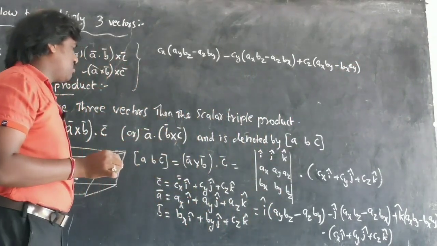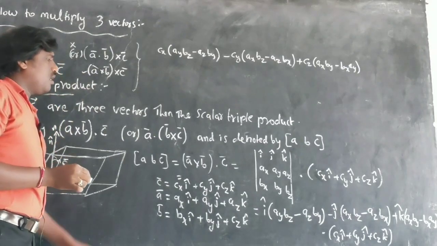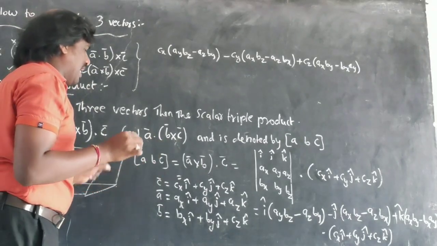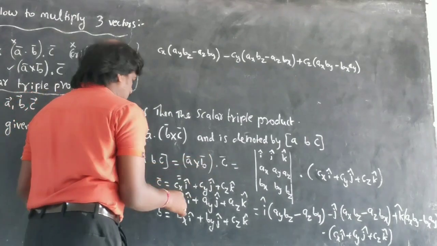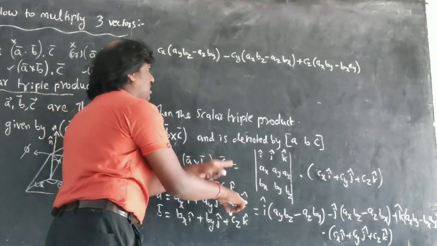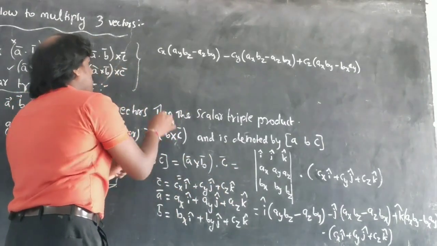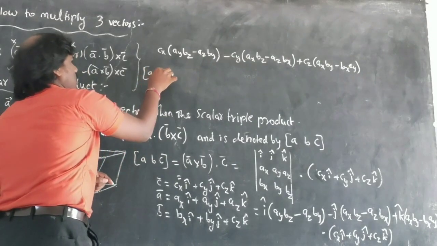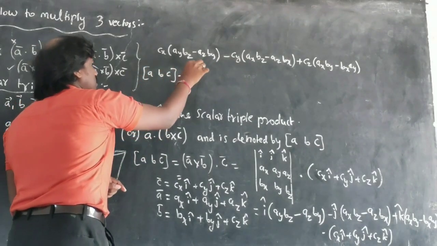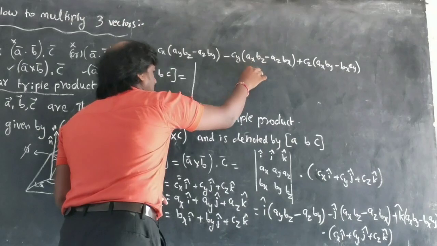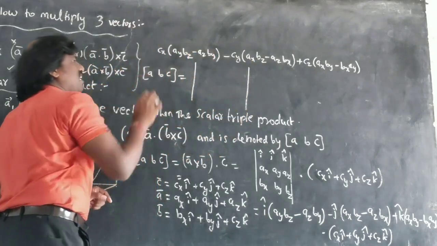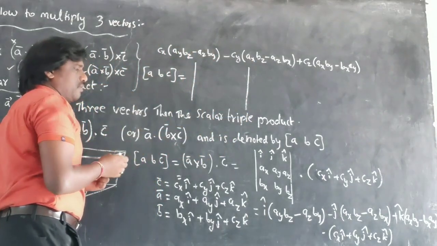Hope you understand this. Why I explain this, I'll tell you. Now you got this one, and exactly this is nothing but A cross B dot C. But box ABC can also be written another way, and that result will tally with this. That is the reason I explained.